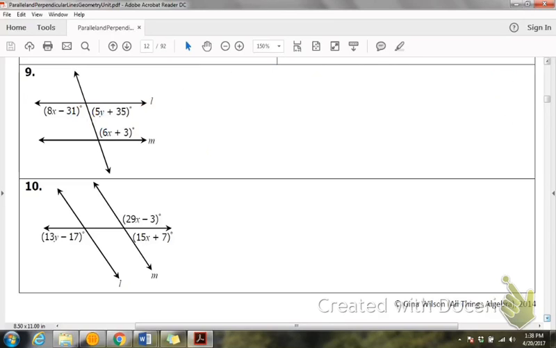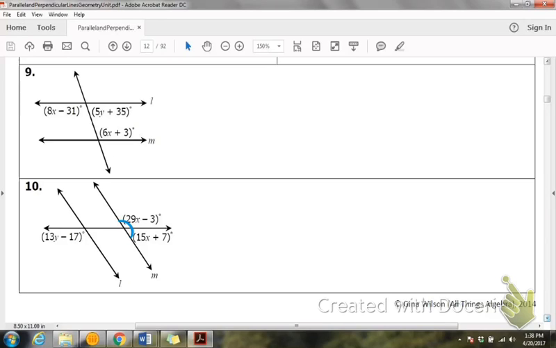You're going to add 29x minus 3 and 13x plus 7 to equal 180. All right, so we have to start with the x's, because that's what we have the most of. And we know that these two added together make 180. They make a linear pair. They make that line. So we're going to add them together to equal 180. Let's do that first.